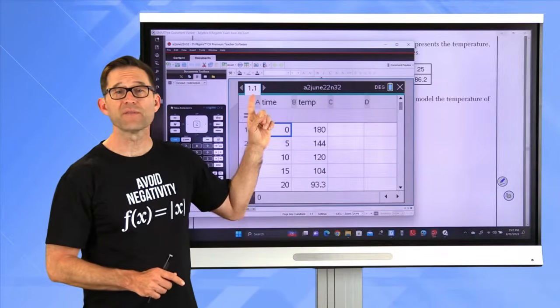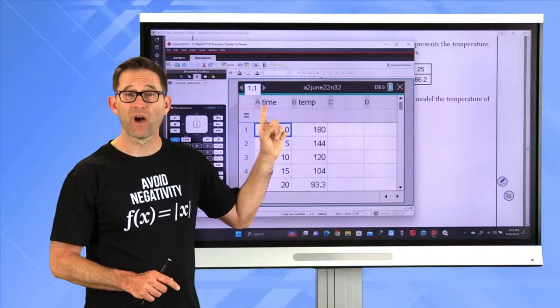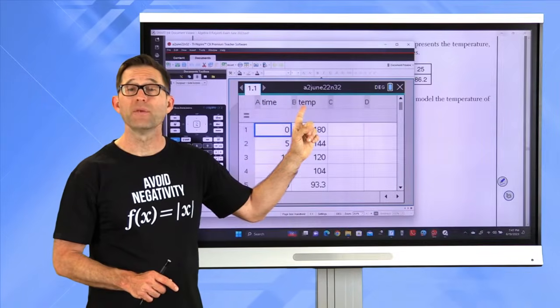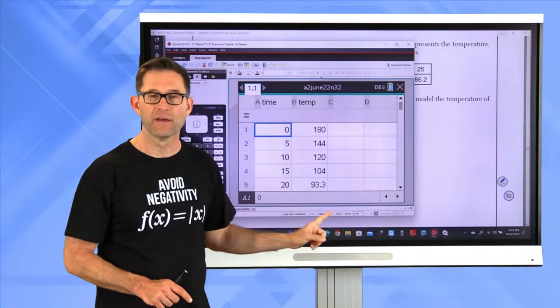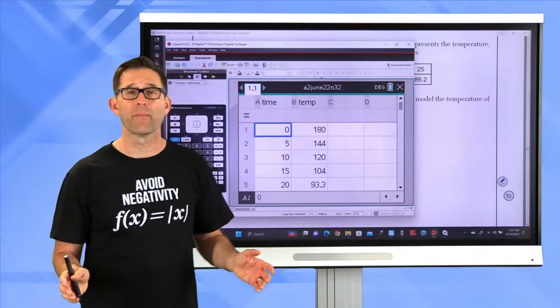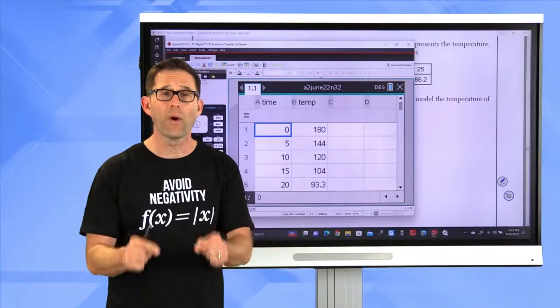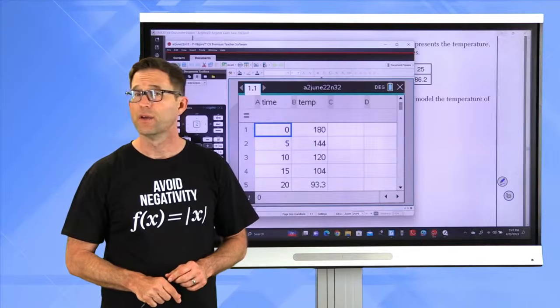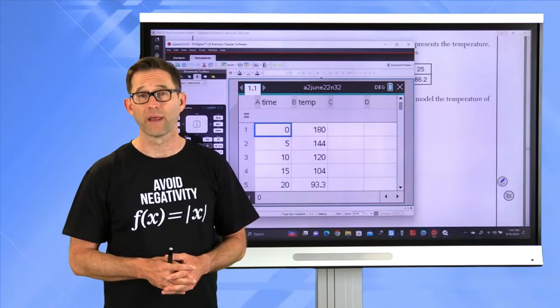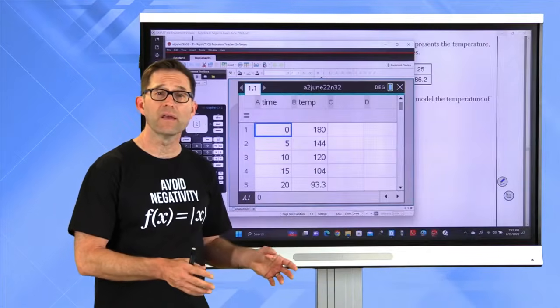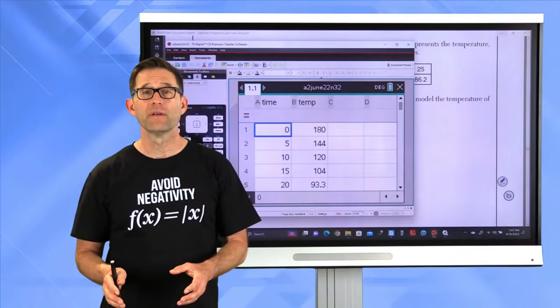I have specifically labeled my X column time and my Y column temperature, and then I very carefully put the data in. Remember, this is a 2-point problem, and if you put even a single one of these incorrectly, you're going to get the wrong answer. And there's almost no chance then for partial credit. So put the data in, carefully look through it.